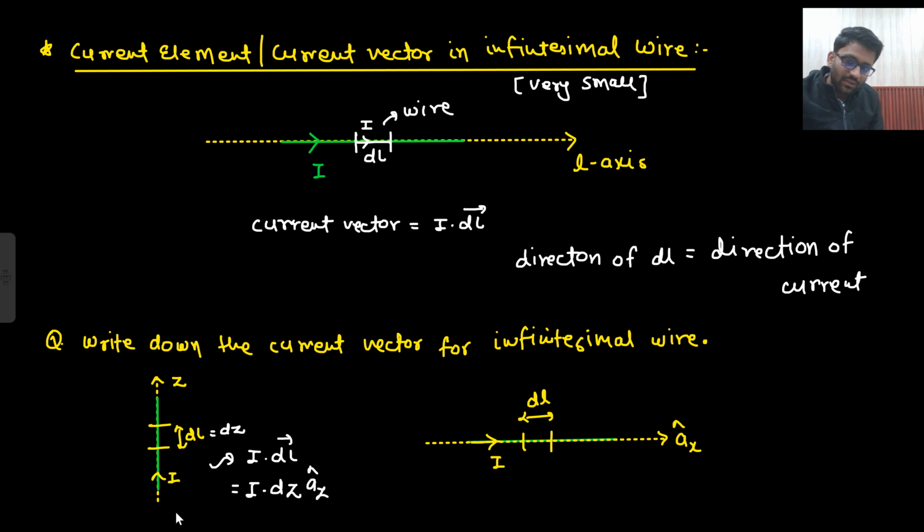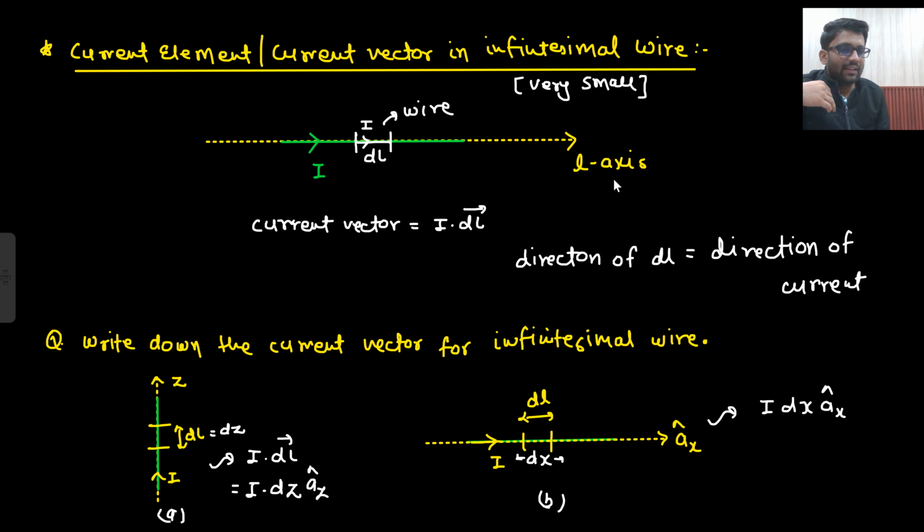Here this is question A and this is your B. Here I am taking a small portion which is placed along the x axis. So this small portion is dx. Now current is flowing in the direction of ax cap. So the current vector is I dx ax cap.